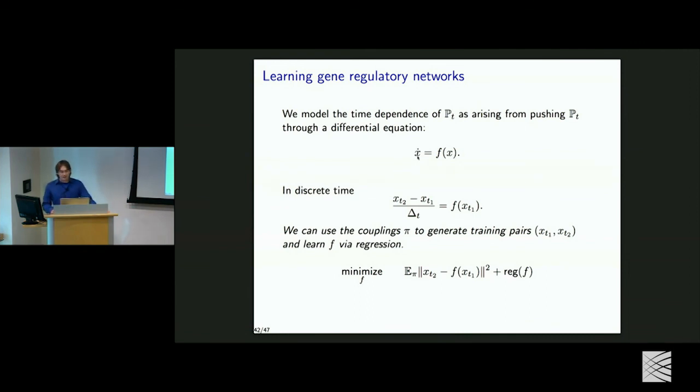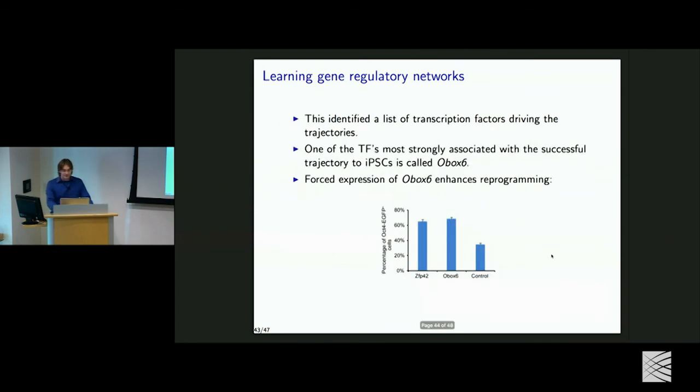There's a lot of details in how we specified f. We looked for a low rank linear f, with L1 regularization. And we got a list of transcription factors that drove the cells in different directions.